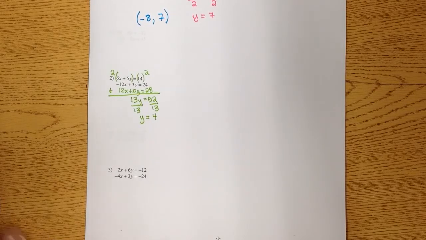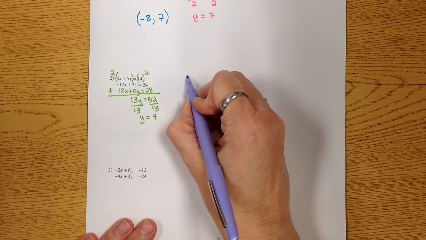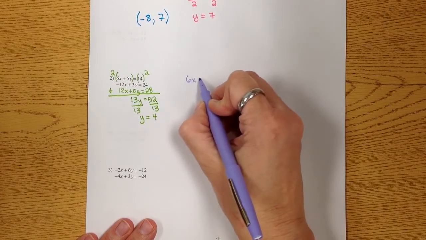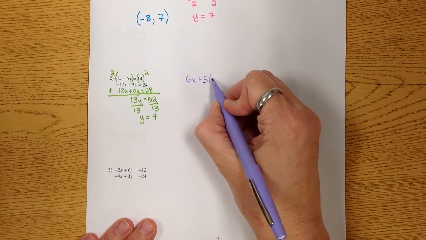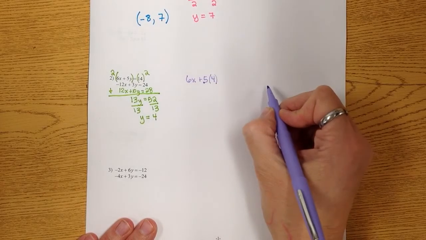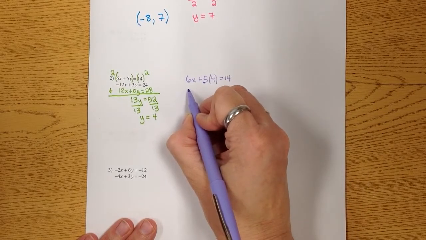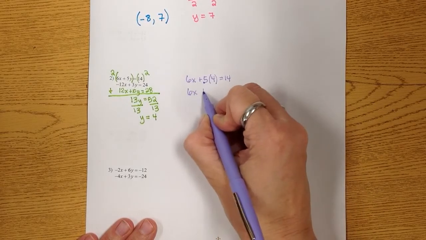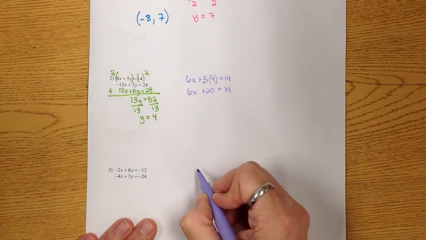Then I must do the same as I did before and plug that in. So 6x plus 5 times y, y is 4, so I'm substituting the 4 in, equals 14. I get 6x plus 20 equals 14.